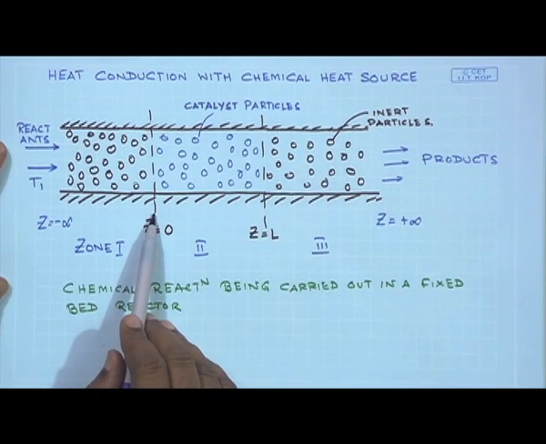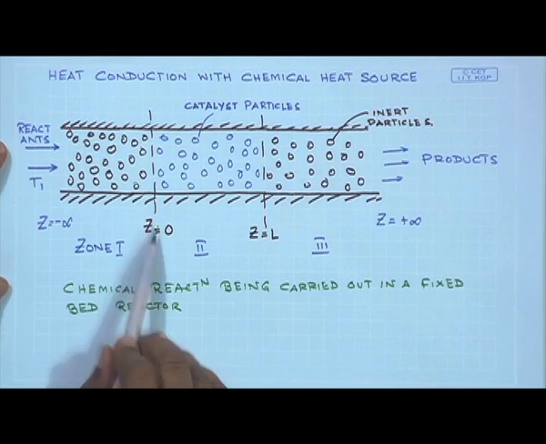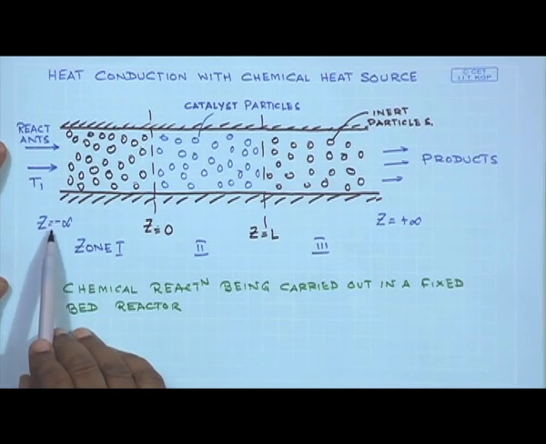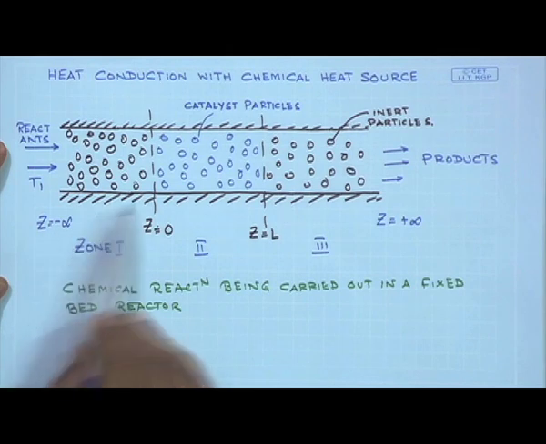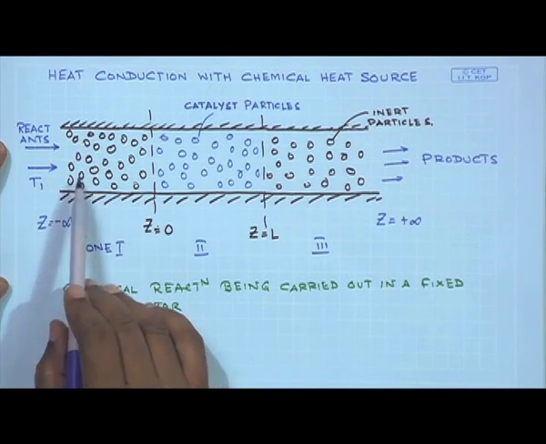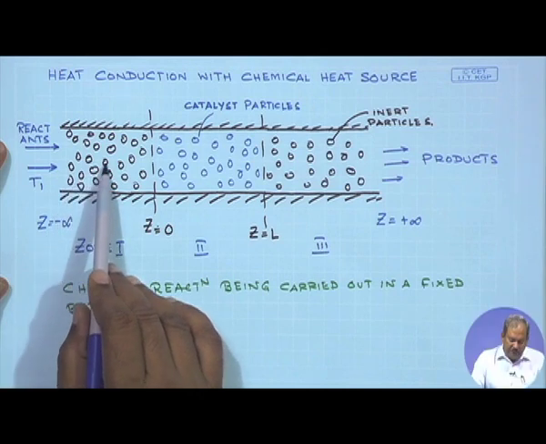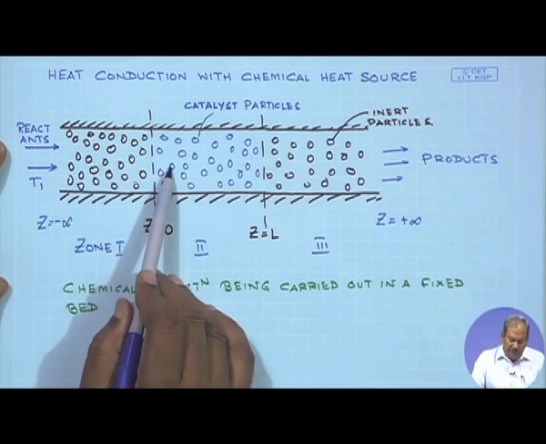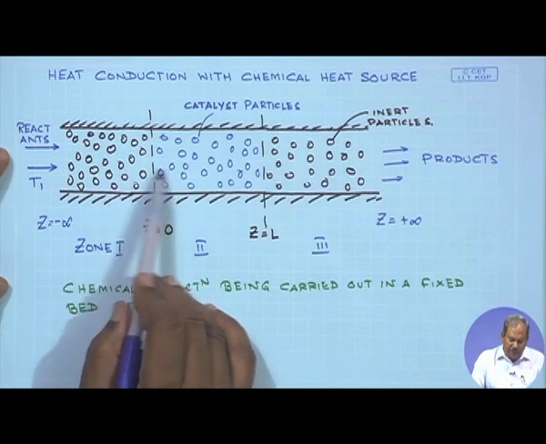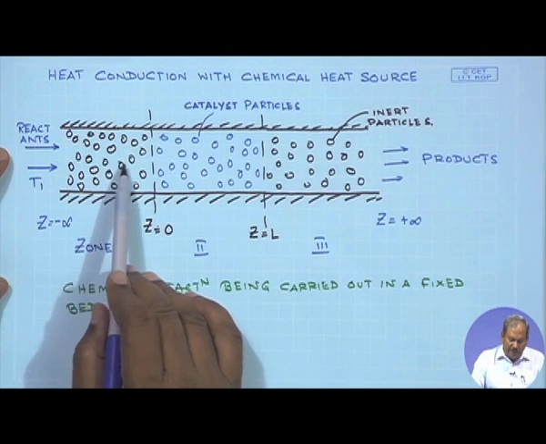Similarly, prior to the location of z equals 0 all the way up to z equals minus infinity, mathematically speaking, that means for a very large length, there would be another portion of the reactor in which all these particles, same size as those of the catalyst particles, same arrangement and so on, are inert particles.